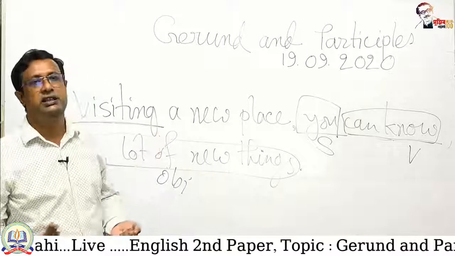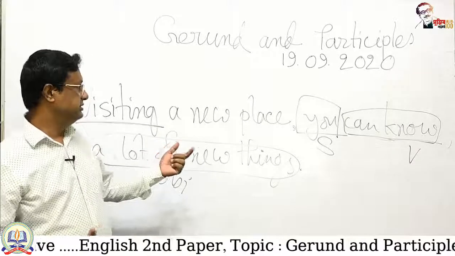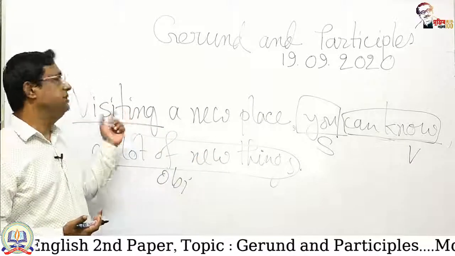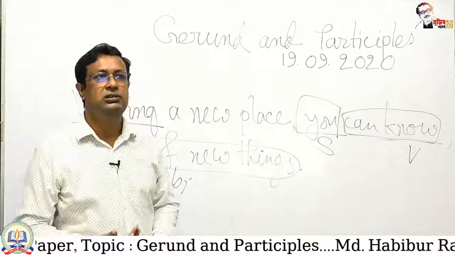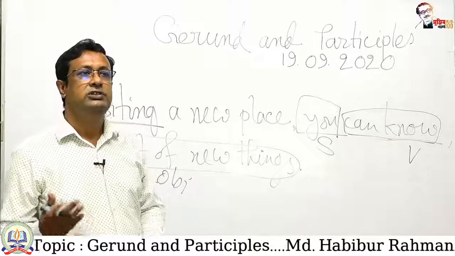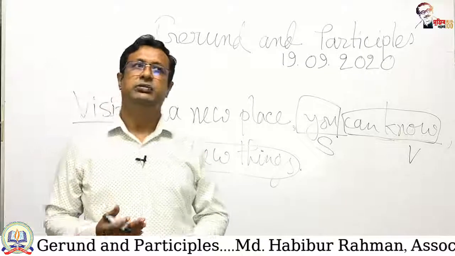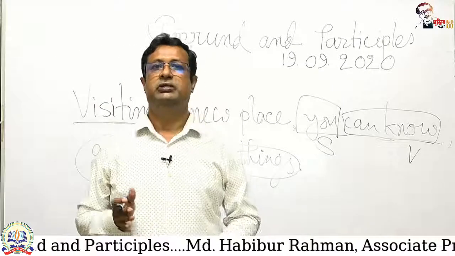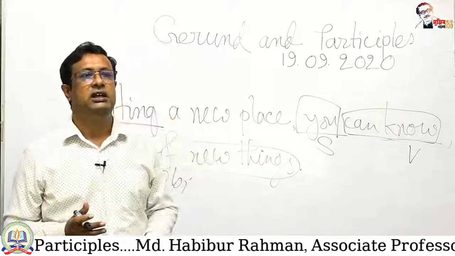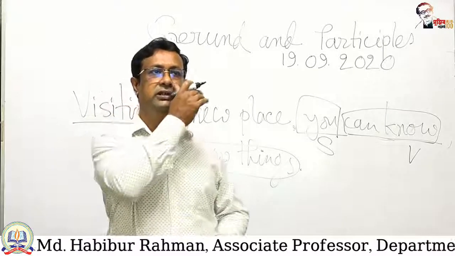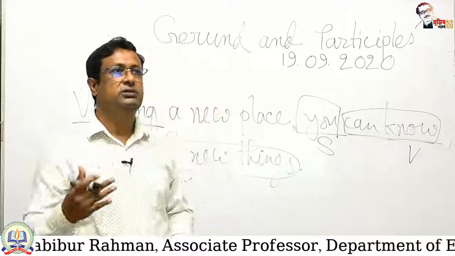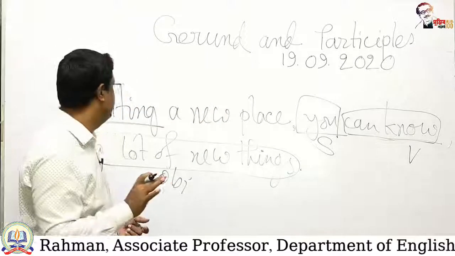In every tense, this will be "visiting." There is no change. That is why it is called a non-finite verb. So infinitive verbs, present participle verbs and past participle verbs are called non-finite verbs. They don't change. That is why they are called non-finite verbs.